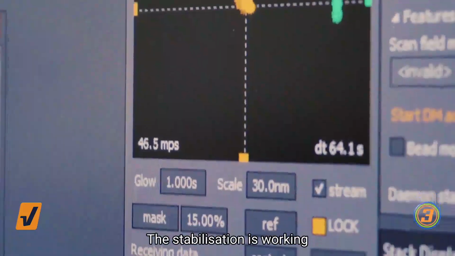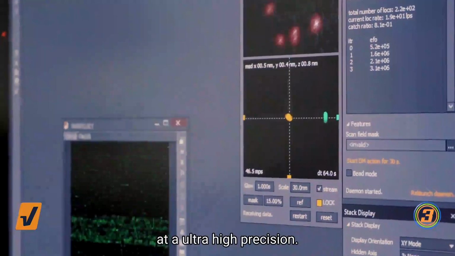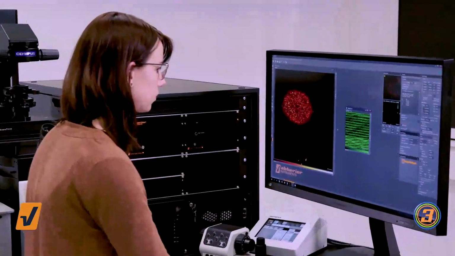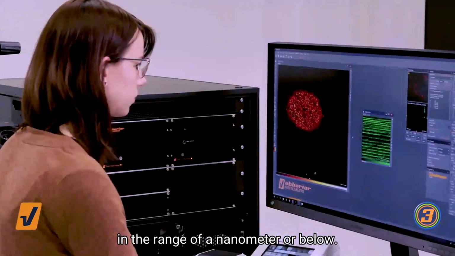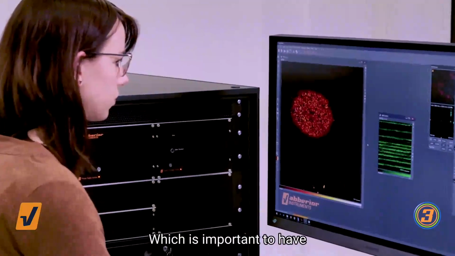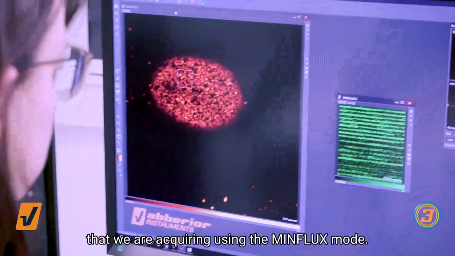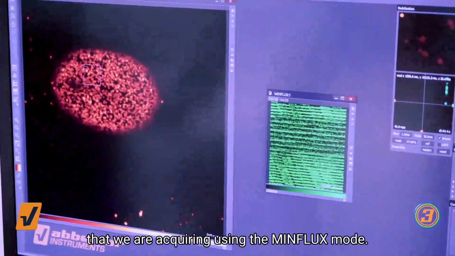The stabilization is working at an ultra high precision. So typically we are reaching resolutions in the range of a nanometer or below, which is important to ultimately have the resolution in the image that we are acquiring using the MINFLUX mode.